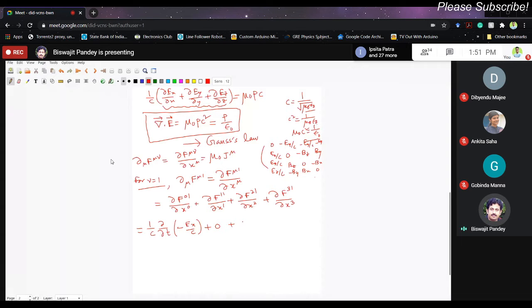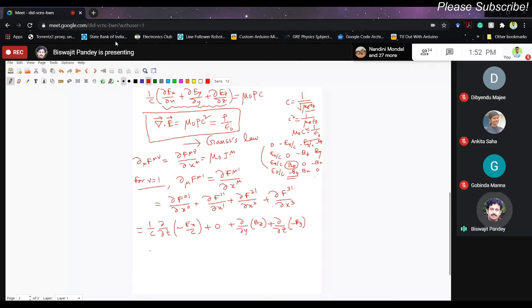Then we have x2, that is the y component, del y, F21. This is the second row, first element, 2, 1, which is Bz. Then plus x3, that is z, so del z of F31. 31 is minus By, you see. So I write minus By.